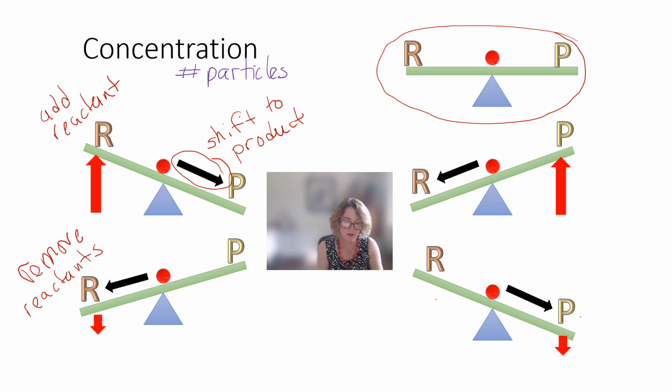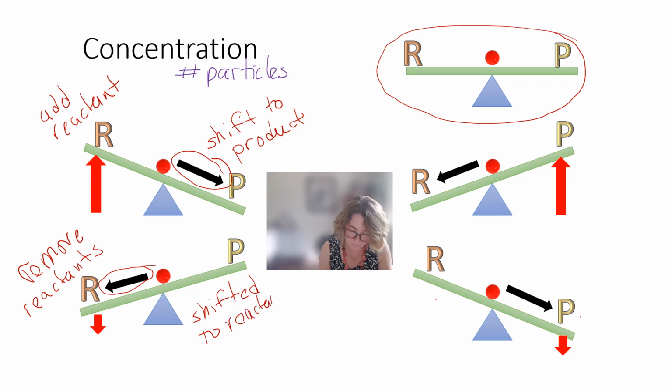And so now that ball is going to roll towards the reactants. And so I have shifted my equilibrium to the reactants. And so literally what I am doing is I am causing that product to react with itself to lift the reactants back up so that I am back to equilibrium. So I'm back to that flat teeter-totter.